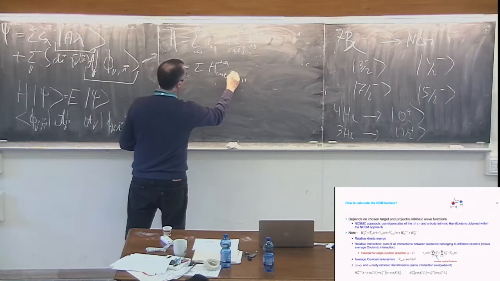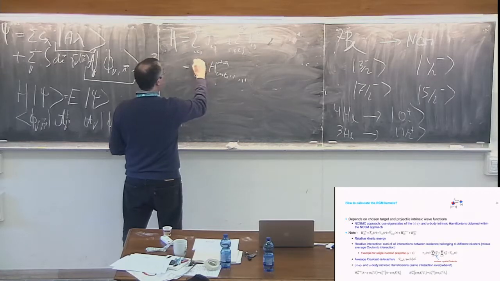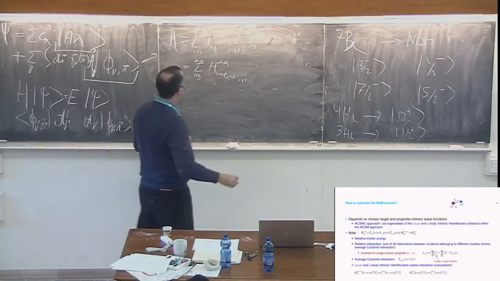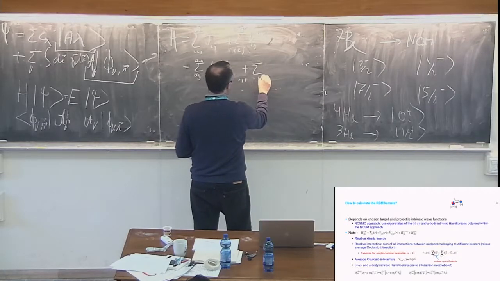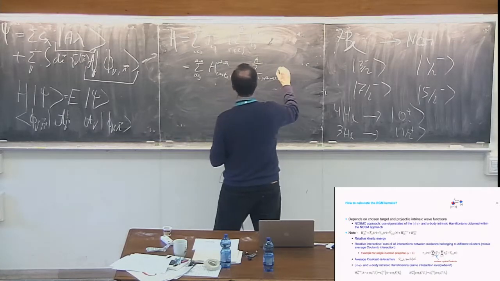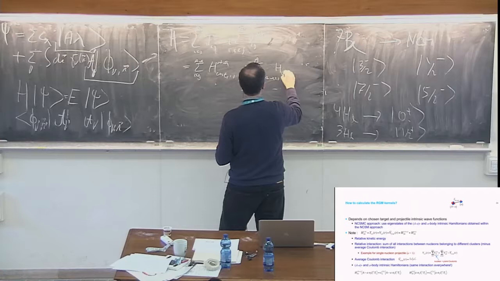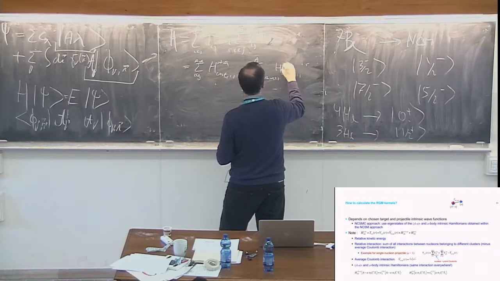If I put here ij, there will be ij running up to A minus a. Then I will have a sum over ij from A minus a plus 1 up to capital A, and that will be the internal part of the projectile.